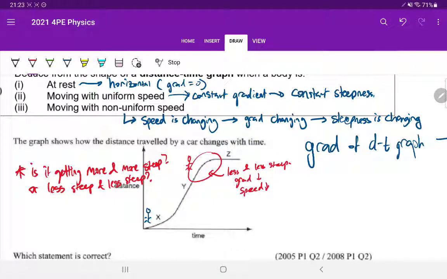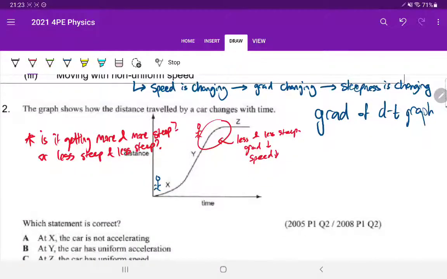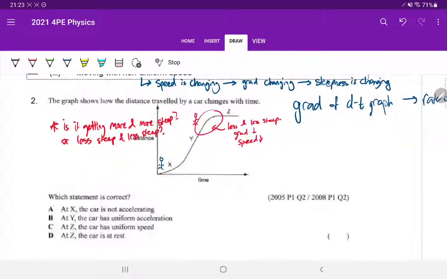Okay, of course all of this explanation is overkill to answer this simple MCQ question, so let's look at the MCQ now. The graph shows how the distance traveled by a car changes with time. Which statement is correct? Okay, at X the car is not accelerating. Look at X. It is getting more and more steep, which means the speed is increasing, so it is accelerating, so this is wrong.